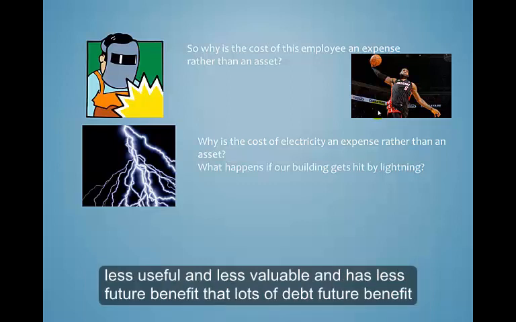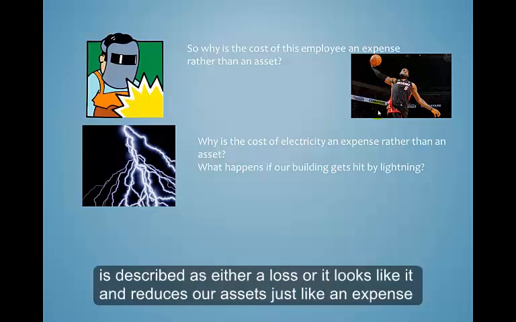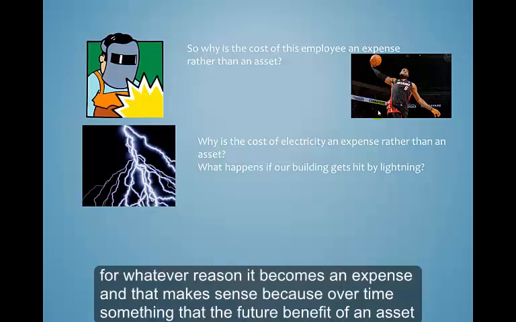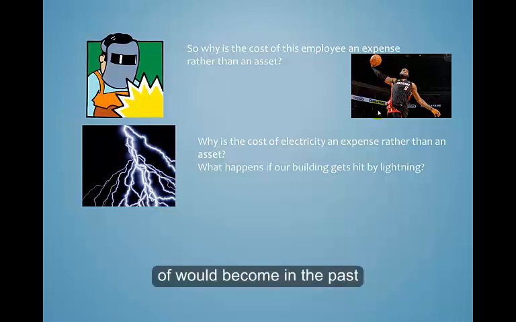That loss of future benefit is described as either a loss or it looks like it reduces our assets just like an expense. So in reality, when the usefulness of an asset declines for whatever reason, it becomes an expense. And that makes sense because over time, the future benefit of an asset would become the past.